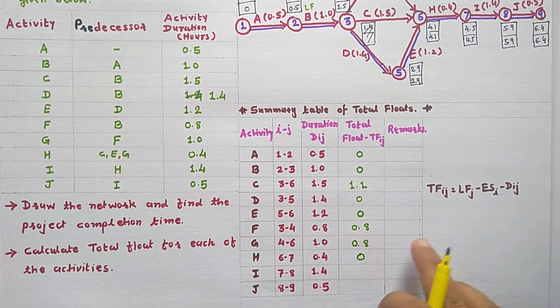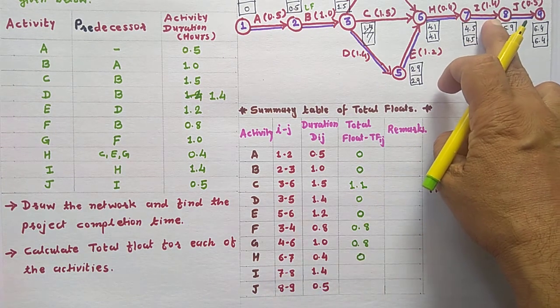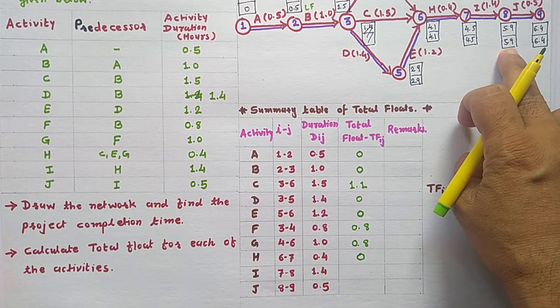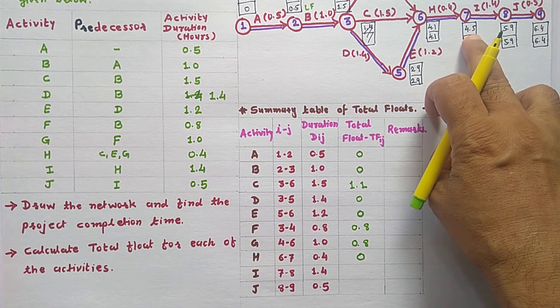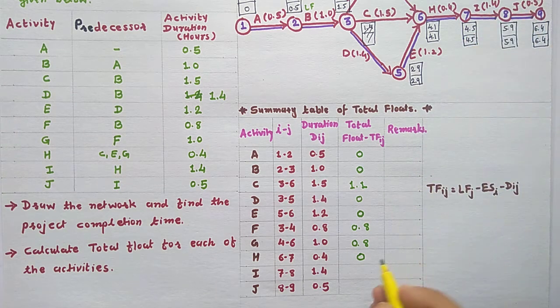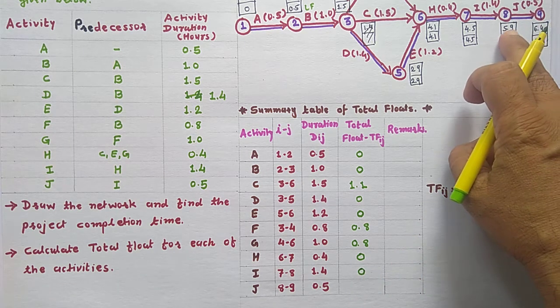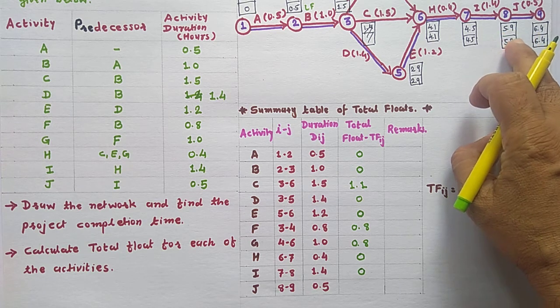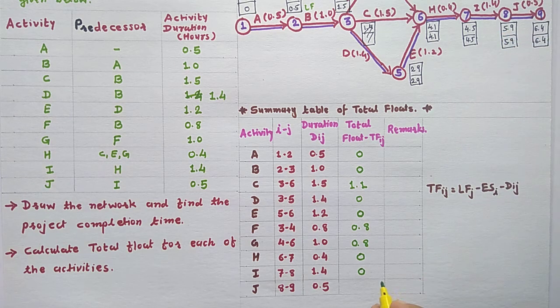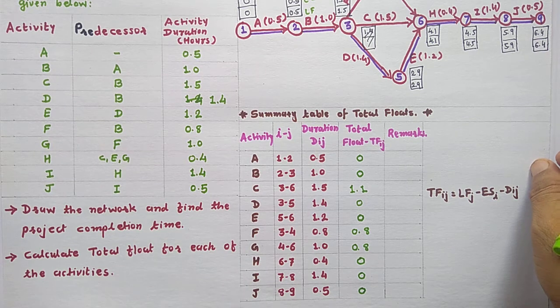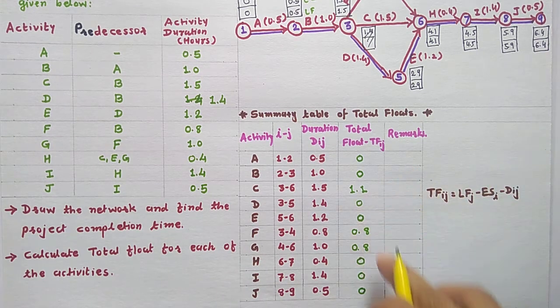Now activity I: latest finish time of head event 5.9 minus 4.5 is equal to 1.4, minus duration 1.4 is equal to 0. Activity J: 6.4 minus 5.9 is equal to 0.5, minus duration 0.5 is equal to 0. So we have calculated all these values of total float.